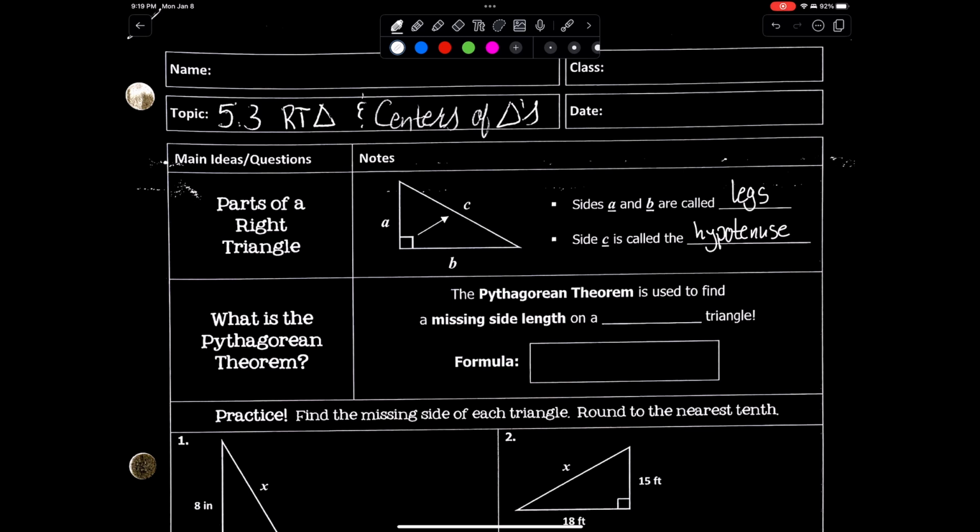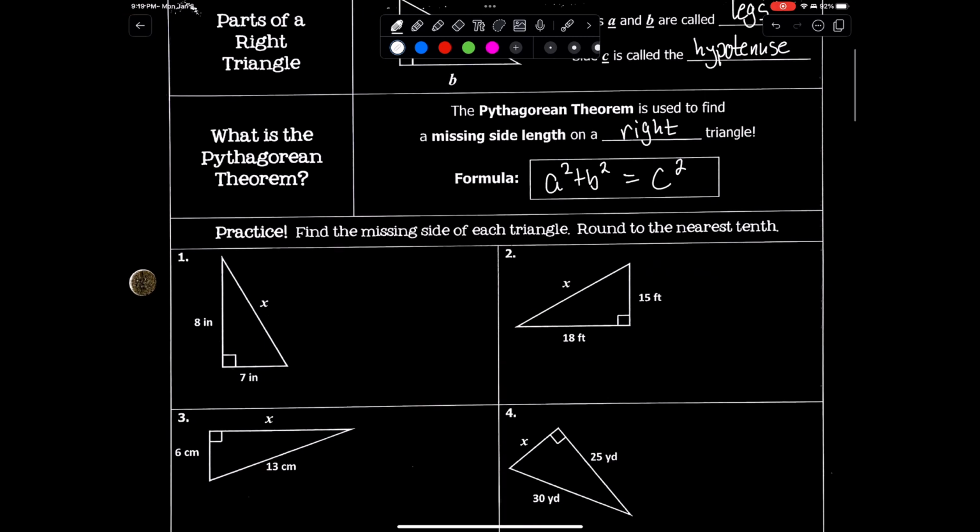So, we end up with a squared plus b squared, the sum of the squares of the legs, equals c squared, the hypotenuse squared. We use this on right triangles only. If I give you an equilateral triangle, it's just not going to work. So let's practice a couple of these.